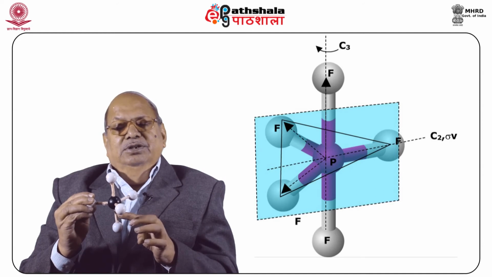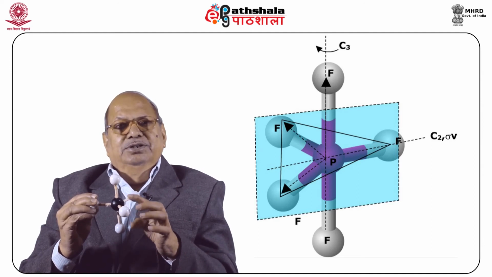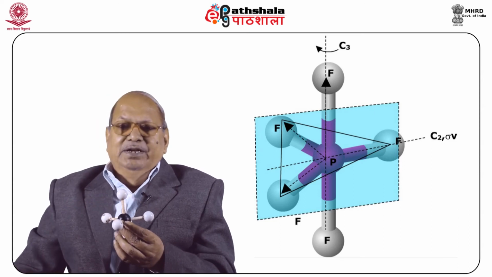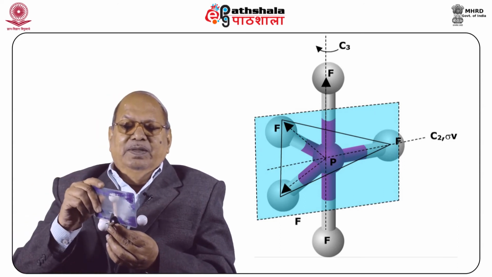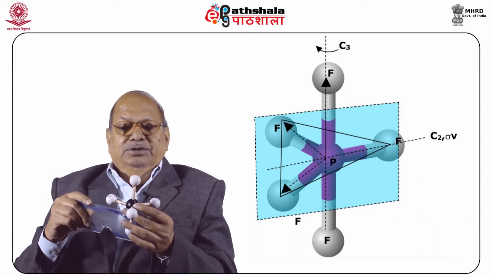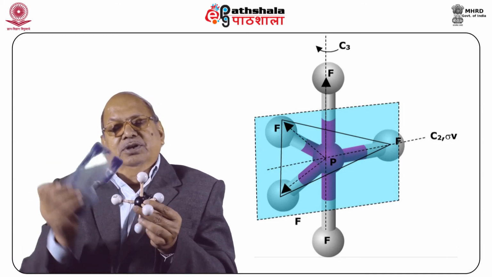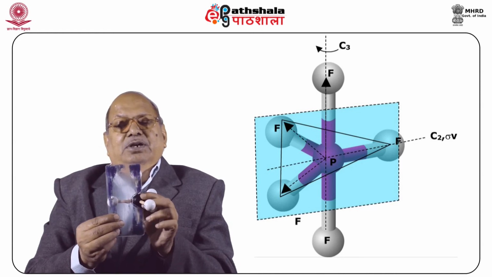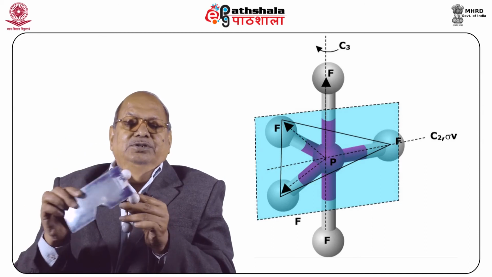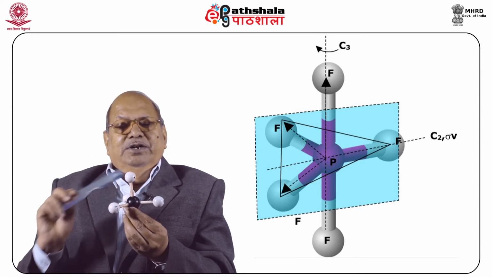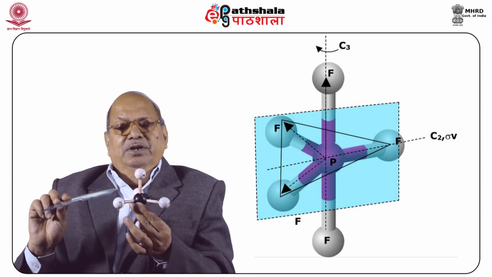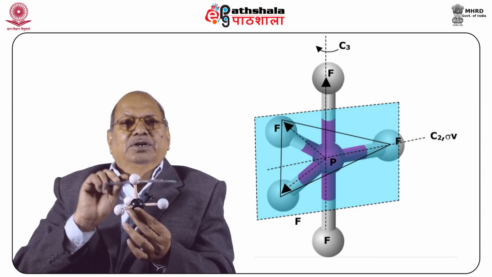This and this interchange, this and this interchange, only one is not shifted. Similarly, if I carry out this sigma V, how many bonds are not shifted? This is not shifted, this is not shifted, and this is not. That is, I am having 3 bond vectors which are not shifted, and these 2 are shifted. What about if I take sigma H? These 2 will be shifted and these 3 will not be shifted.